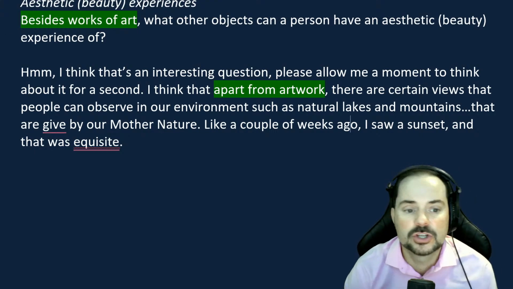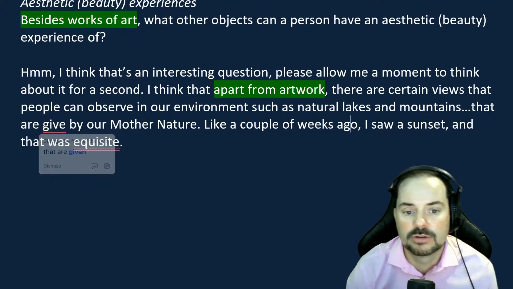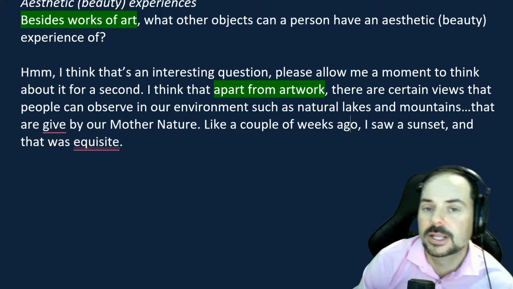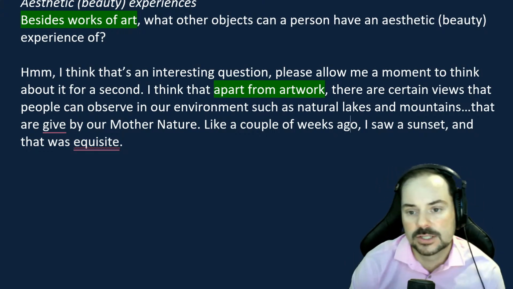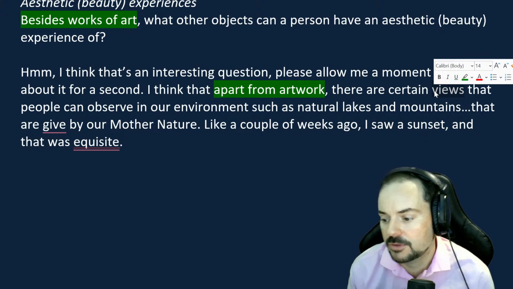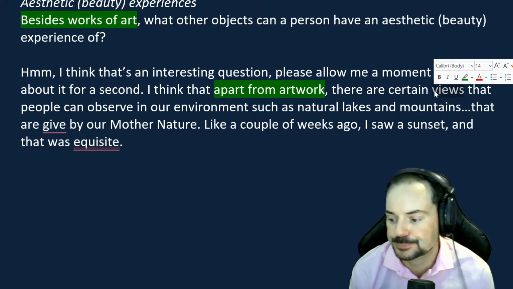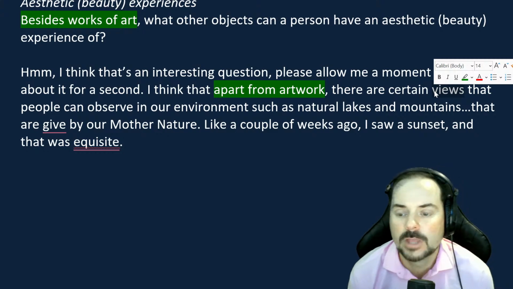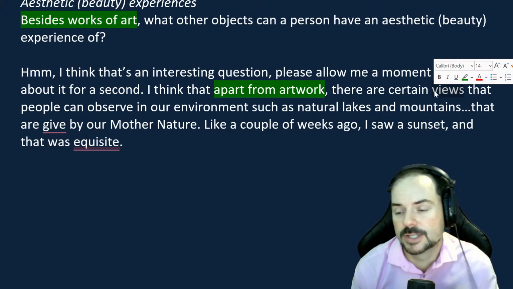And then you said there are certain views that people can observe in our environment. Views is okay, but it's not the best word in this context. What do you think would be a better vocabulary here than views? Apart from views, there are actually 2 words that you could use here.